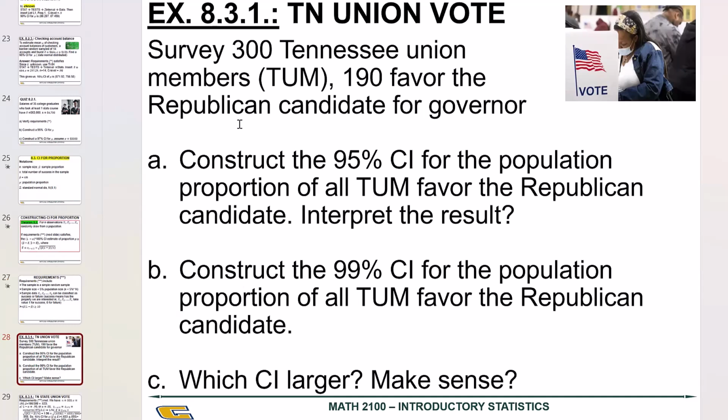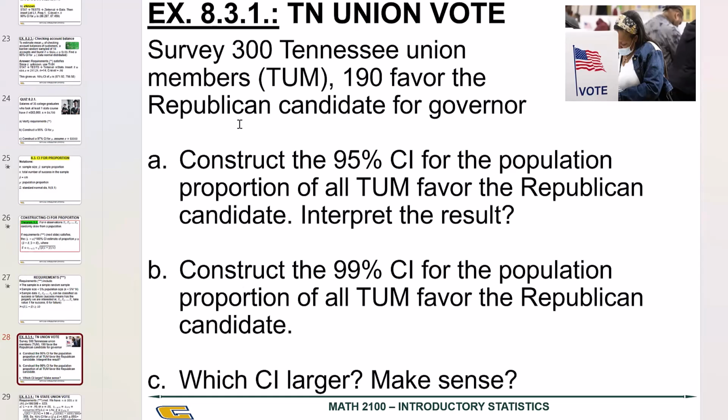So here, like the Tennessee Union vote, we survey 300 Tennessee Union members, TUM. 190 favor the Republican candidate for governor. Construct a 95% confidence interval for the population proportion of all TUM who favor the Republican candidate.